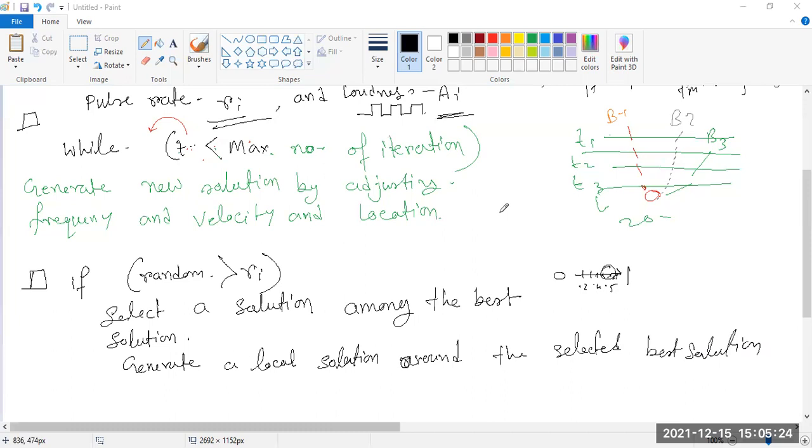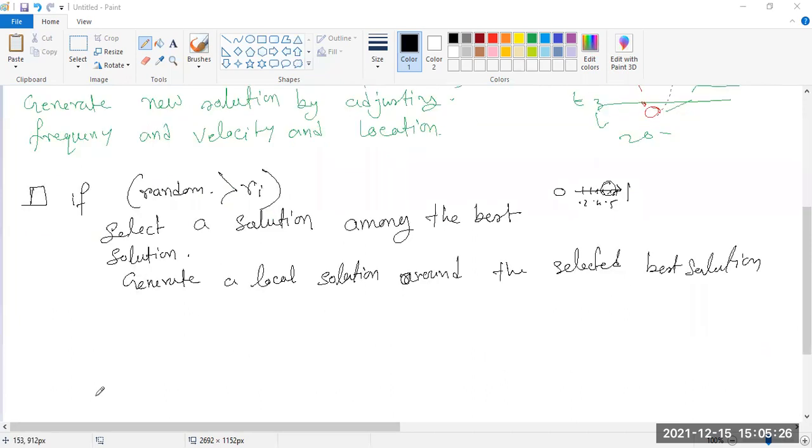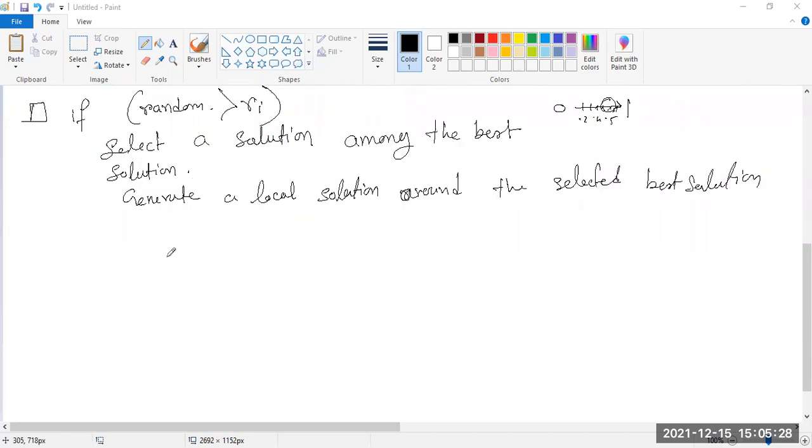And then the next step, the algorithm is going on. If the random value we have selected is less than Ai, meaning loudness, and this is called the fitness function. We have to go for another note on which one is the fitness function.